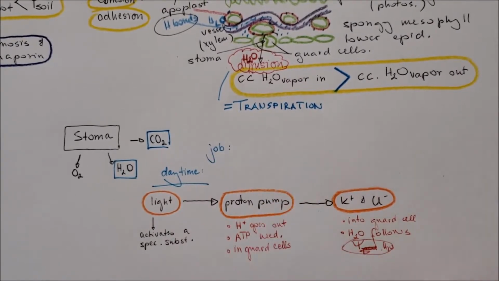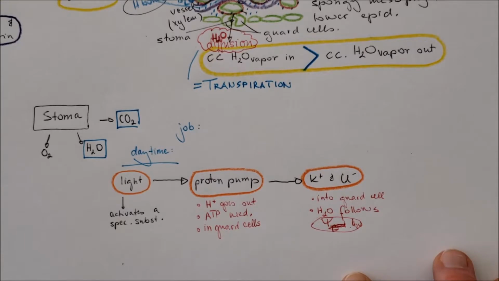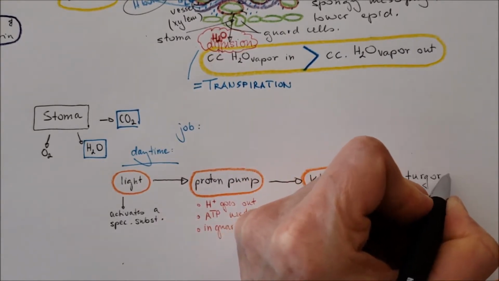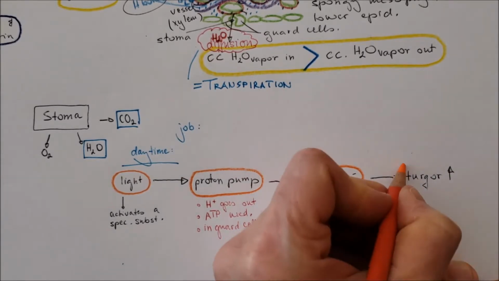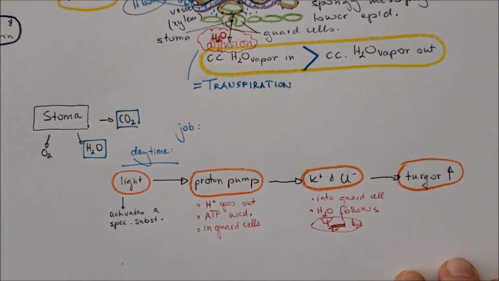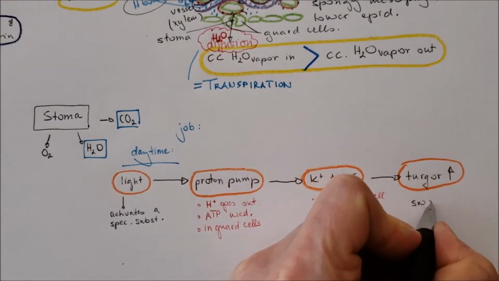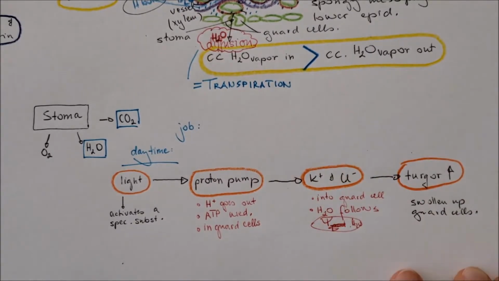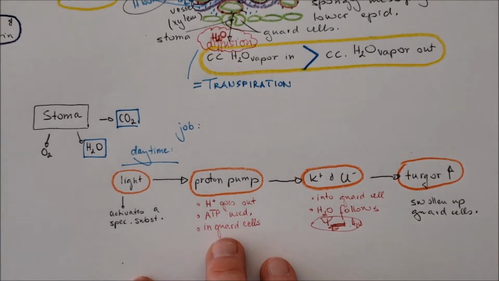So the water potential inside of the guard cells will decrease. So the water will go inside, and the turgor pressure in the guard cells will increase, and the guard cells will swell up like two sausages, and in the middle there will be the hole called stoma.